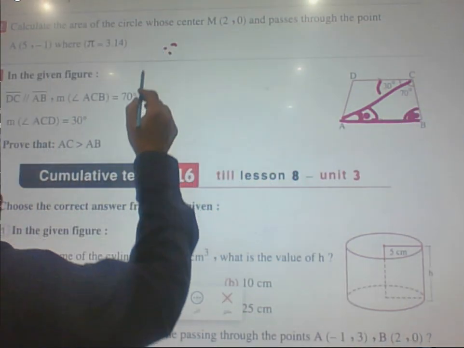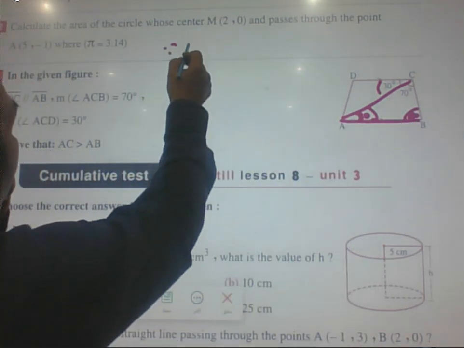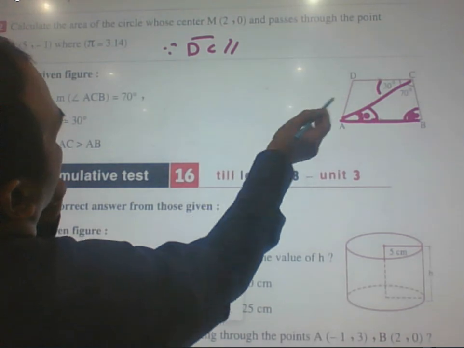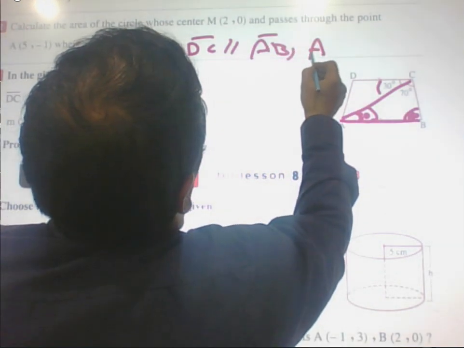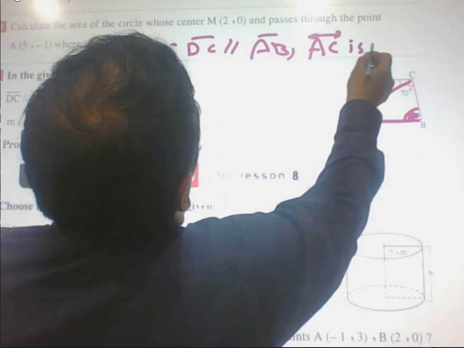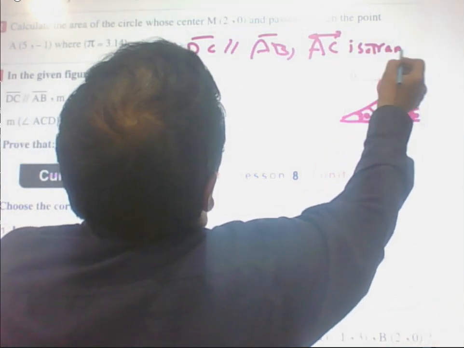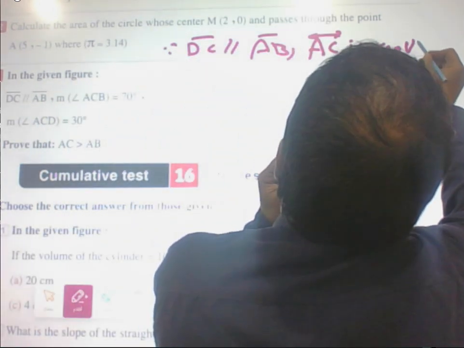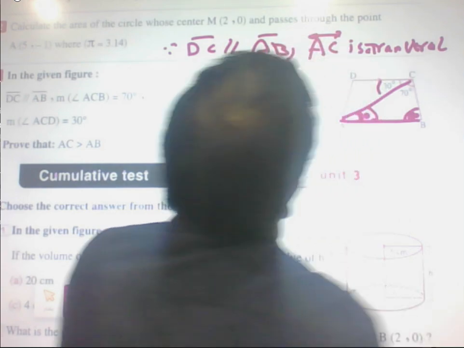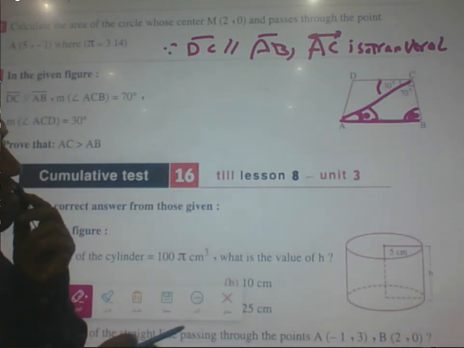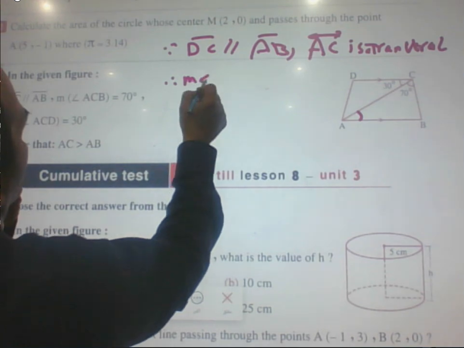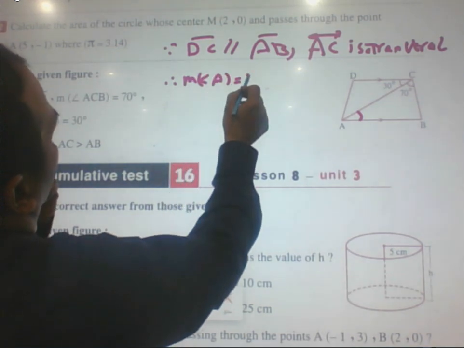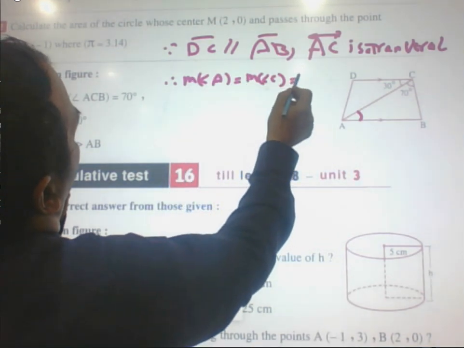Now, write the steps here such that DC is parallel to AB and EC is a transversal of them. Okay, but students, we have a transversal here. The measure of angle E equals the measure of angle C, which is 30 degrees.